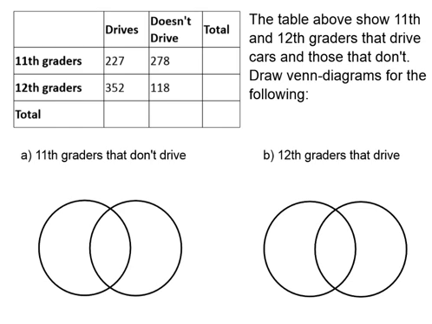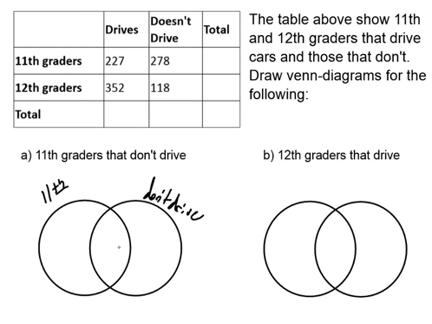Let's use this table about 11th and 12th graders that drive cars and those that don't to create Venn diagrams. We're going to first create a Venn diagram for 11th graders that don't drive. So in one side of my Venn diagram, I have 11th graders, and the other side, I have students that don't drive.